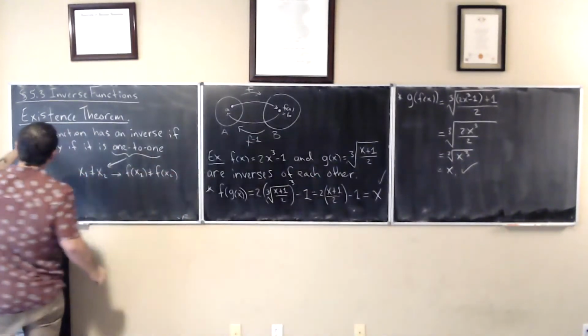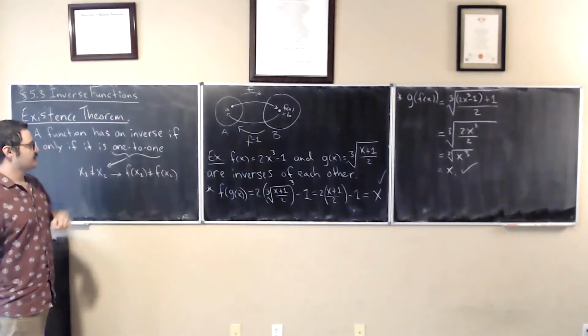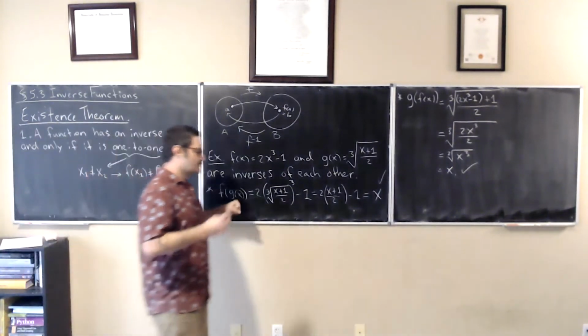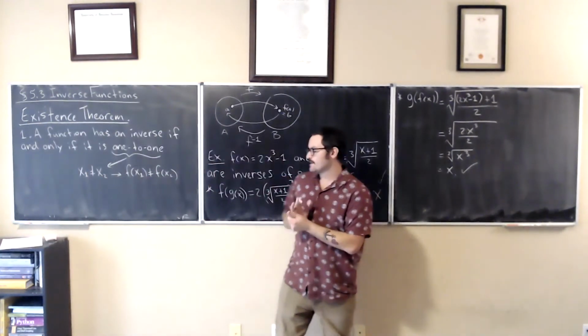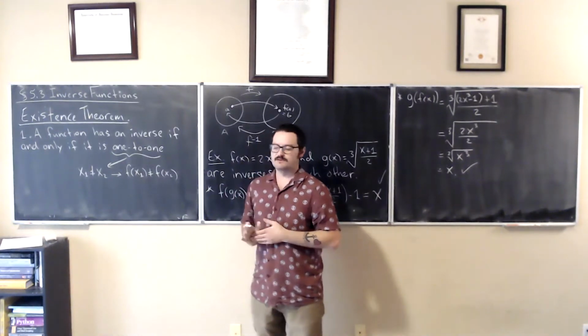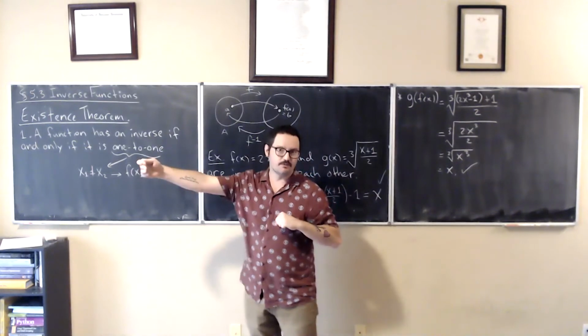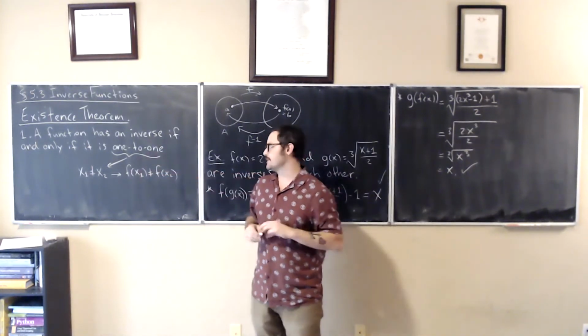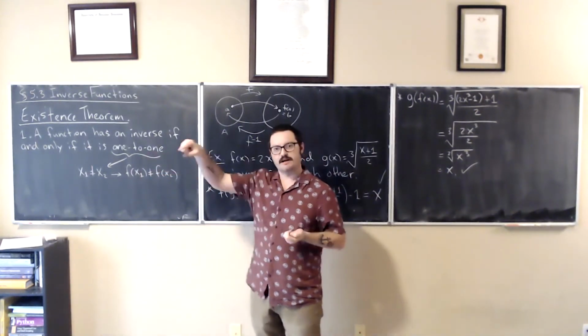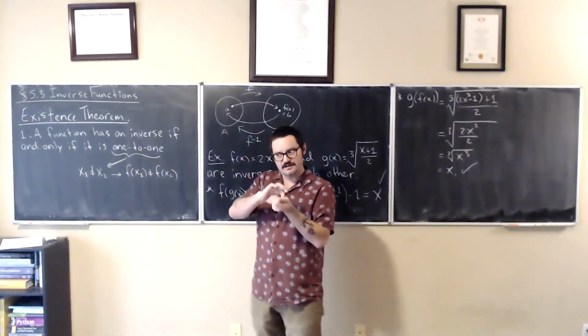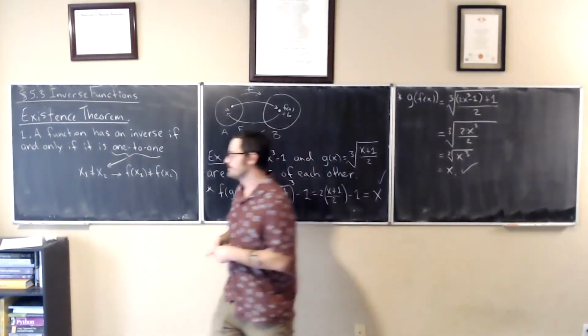So why would this part of the theorem make sense? What's so special about 1 to 1? Well, recall that the definition of a function is that each element in the domain gets mapped to exactly one thing in the codomain. So the function takes an input to exactly one output. It doesn't take an input and split it into 2 outputs.